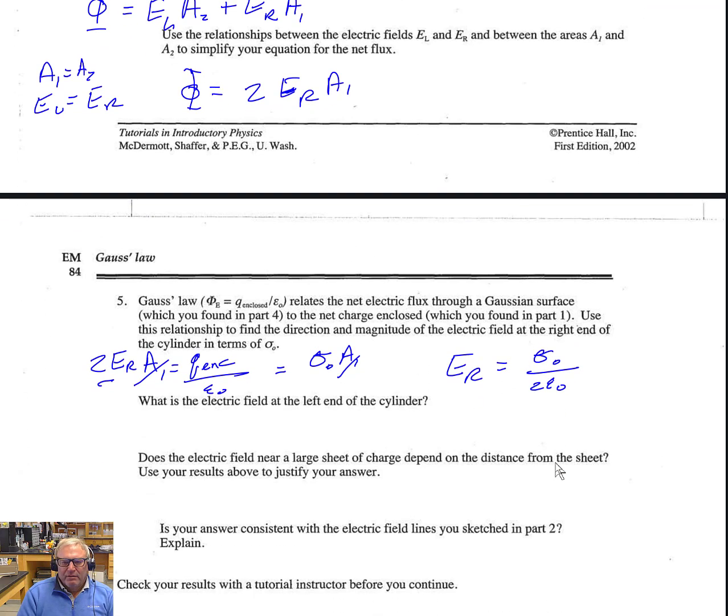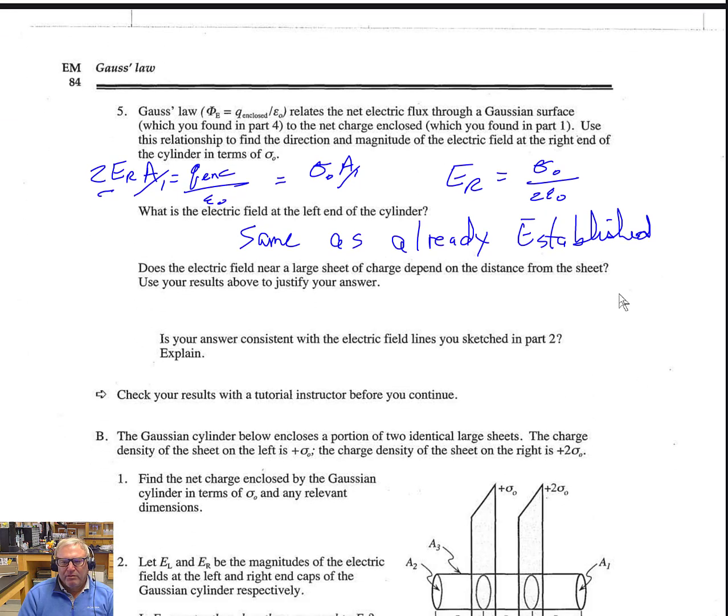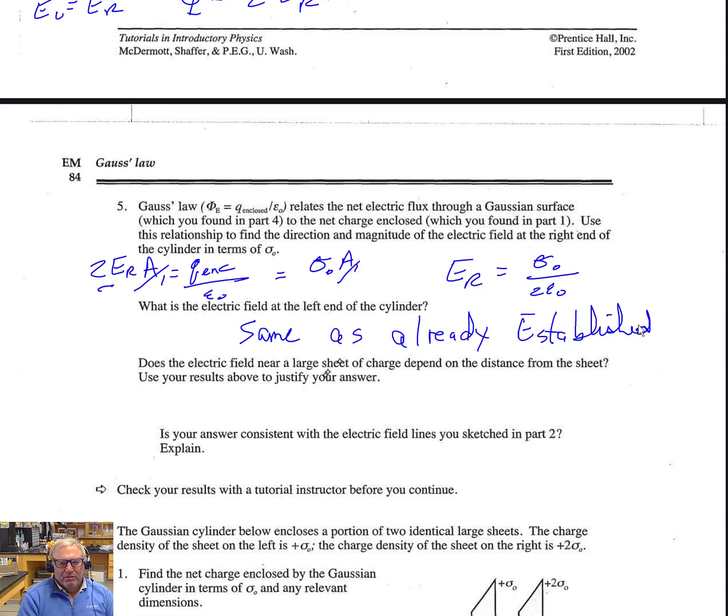And what is the electric field? It's the same as we've already established. Notice that it's independent of the area. It just depends on the charge per unit area. Should the electric field depend on the distance from the sheet? Oh no, no R dependence.